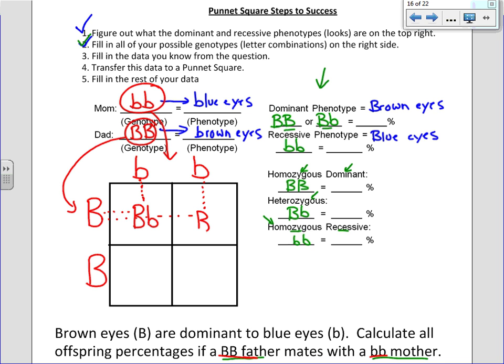In this box would also be big B, little b. Down here in this one, there's a little b on top and a big B on the side. You could write big B, little b. And in this box over here, there's a little b on top and a big B on the side, and so you'd write big B, little b. Now, it does not matter if you write little b, big B, or big B, little b. It means the same thing, as heterozygous is heterozygous.